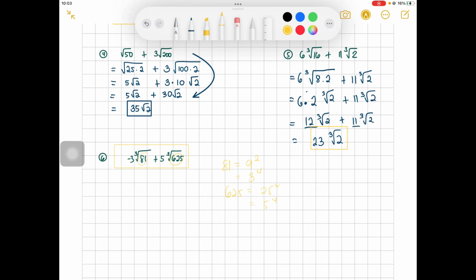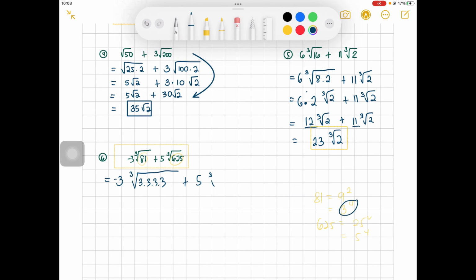It's also 5 raised to 4. So we try to simplify. Negative 3 cube root of 81. We write 81 as a power of 3: 3 times 3 times 3 times 3.